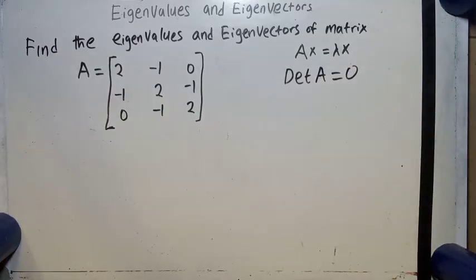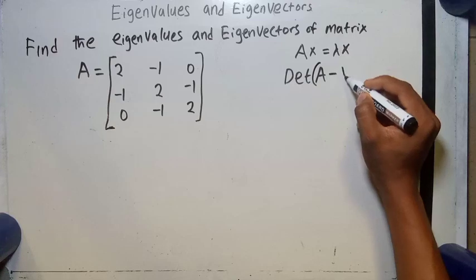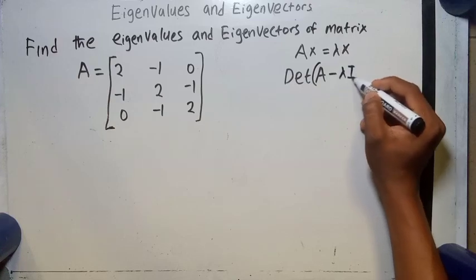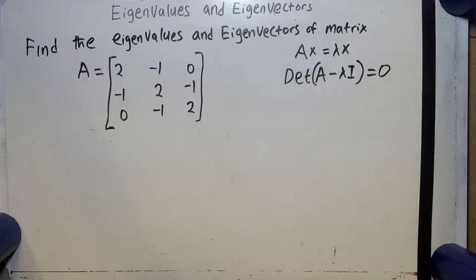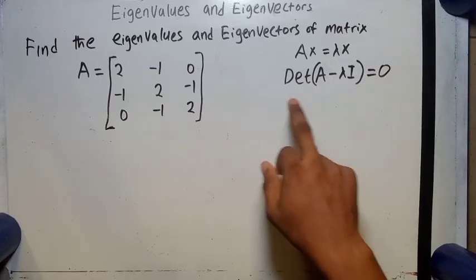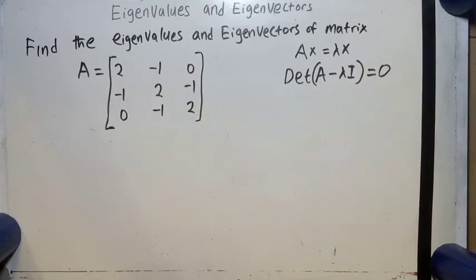Wait, let me talk. The determinant of A minus lambda I is equal to what? 0. So we are going to use this one to get the eigenvalue.